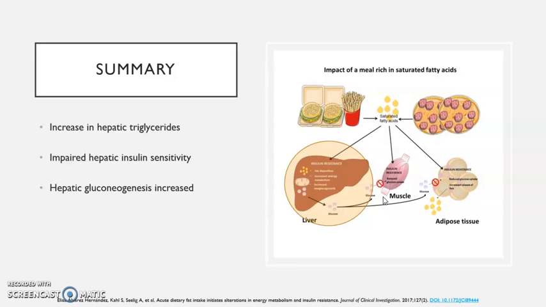Therefore, I would say that saturated fats are implicated as the beginning pathogenesis of type 2 diabetes.